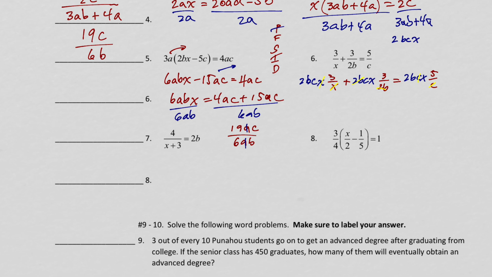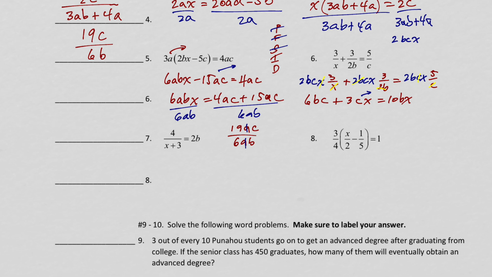So when you multiply it together, here you have 2 times 3 is 6bc, and then we have 3 times cx is equal to 5 times 2 is 10bx. So now we got rid of the fractions. We can't simplify because there's no like terms, but now we're ready to isolate. This term and this term have x's, so they need to be on the same side of the equal sign.